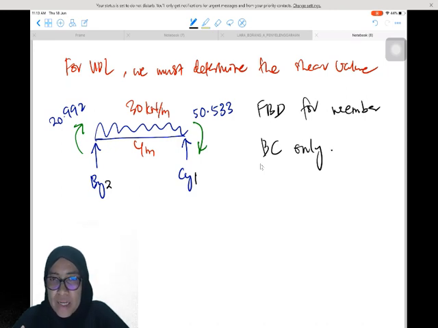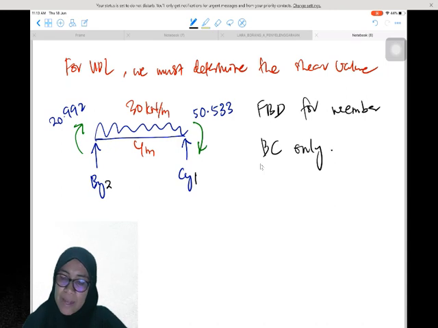For this one, I will focus first on how to determine the value, whether this one has a maximum moment or not, in order to draw the correct shape of the bending moment diagram for member BC.